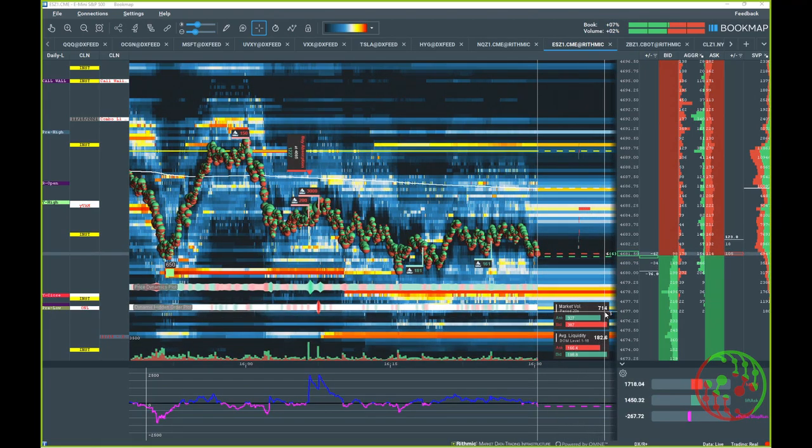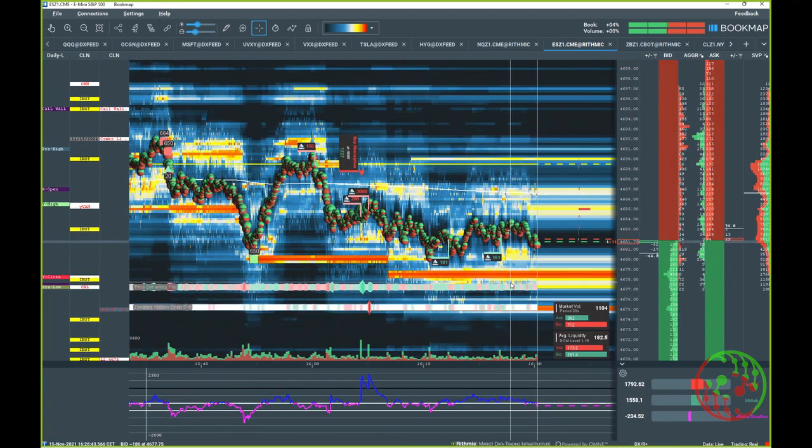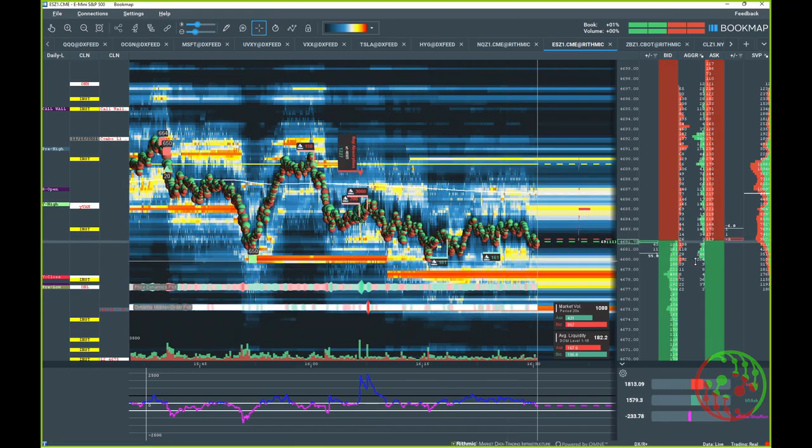Maybe we can predict the liquidity in the market. You see what happens here. We can predict that, but we can't predict the aggressors, when they will come in, and what they want to trade.